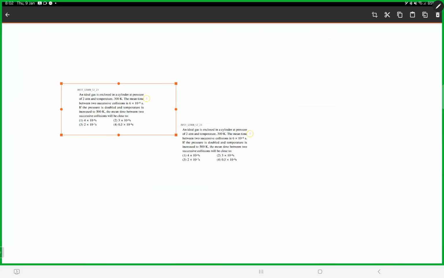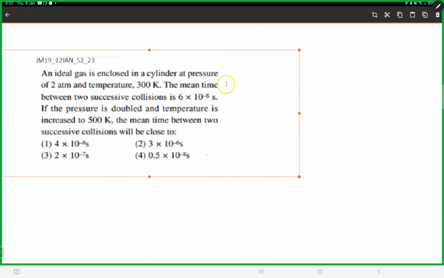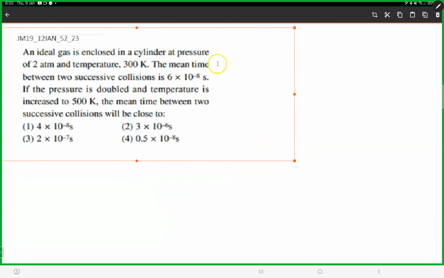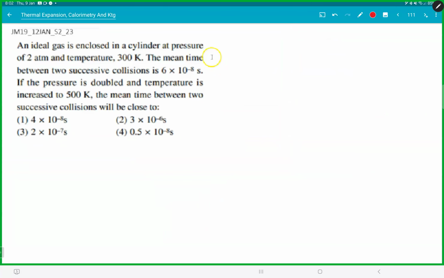Get this. I think this is 2019, I guess, or 23. Similar question. An ideal gas is enclosed in a cylinder at some pressure. Now they're talking about pressure and temperature 300. The mean time is this. If the pressure is doubled and temperature is 500, you find the new mean time.